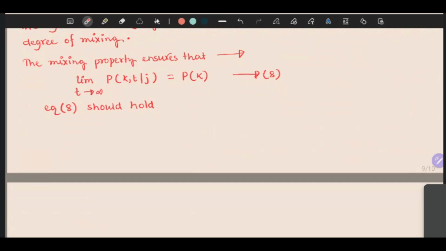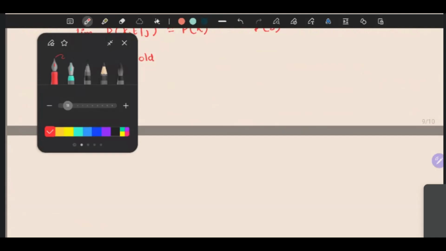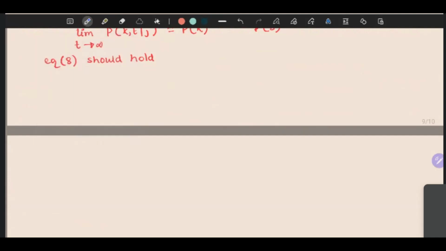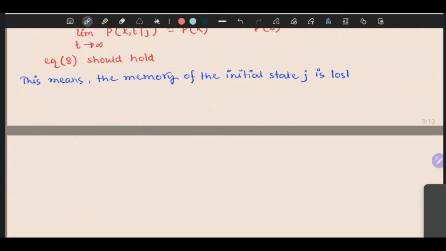Now, what does this mean? This means the memory of the initial state j is lost as t tends to infinity.